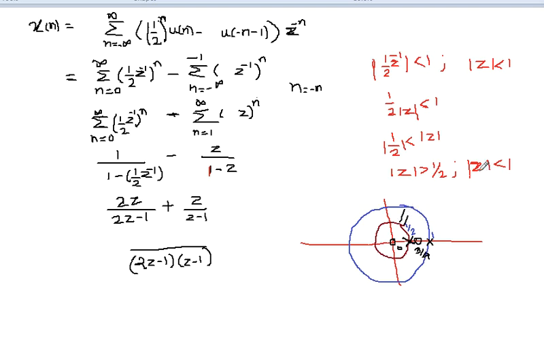Then what about this condition? When z is less than 1, it has to be inside, means the ROC is in between these two circles. We can represent it in this fashion, and this is our ROC when we have two types of signals, a right-handed sequence and a left-handed sequence.